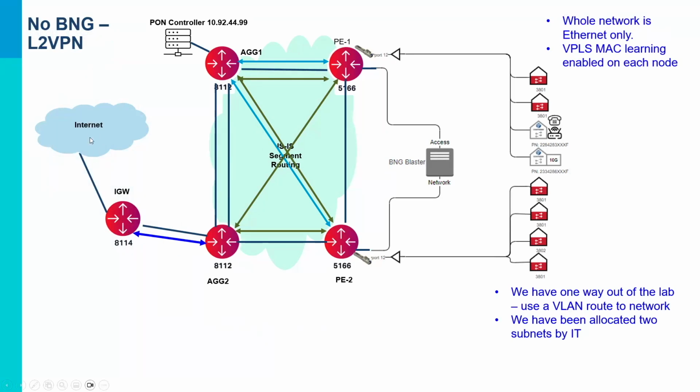So it's switched to a router in our corporate network. Basically, they've assigned us 2 subnets. So we have static routes for 2 subnets that brings all the traffic back into our lab. So we're switching the traffic out. We're going to what we consider the internet, which is our corporate backbone. And we have 2 static routes that switch the traffic back into the network. All of the traffic is reachable using Ethernet connectivity and MAC learning.